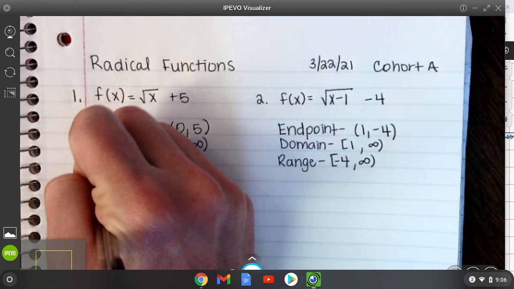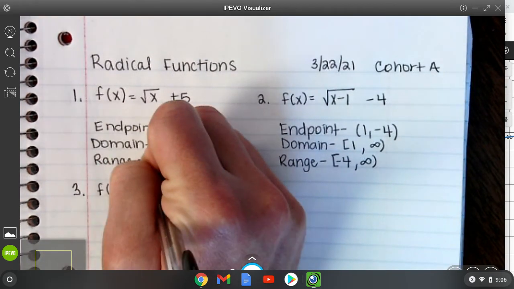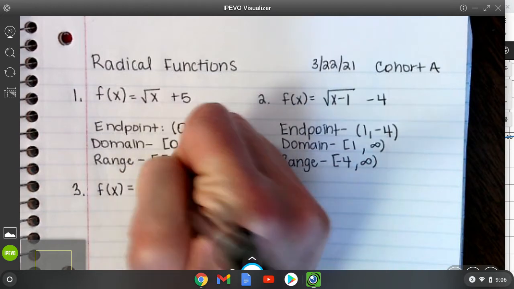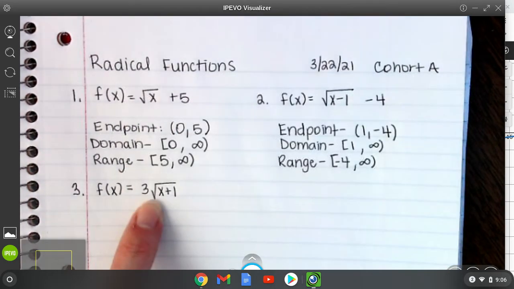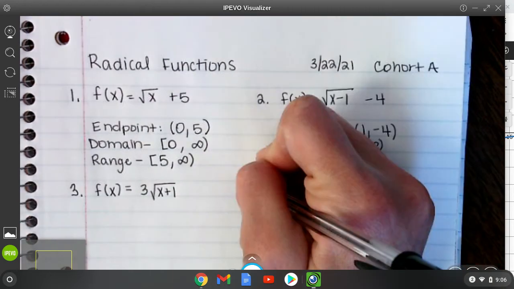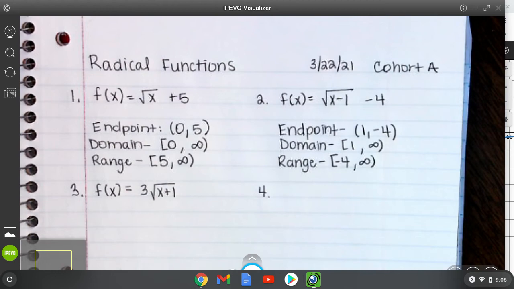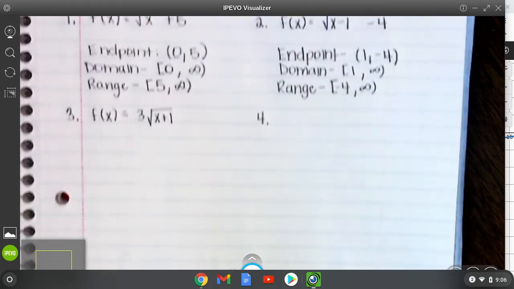So we have f of x equals 3 times the square root of x plus 1. So that is correct. Okay, you're just going to put the 3 right beside the square root. It was being multiplied. And then actually just do that one. So I want everybody to try number 3.